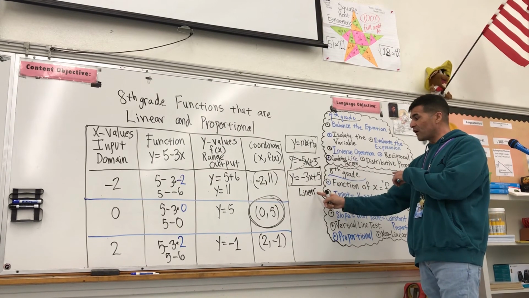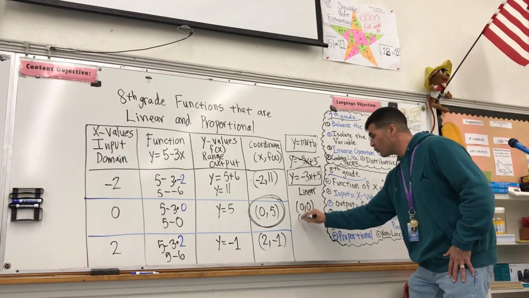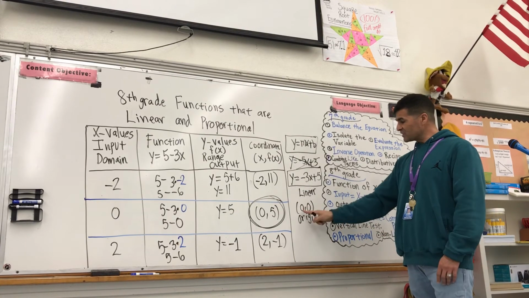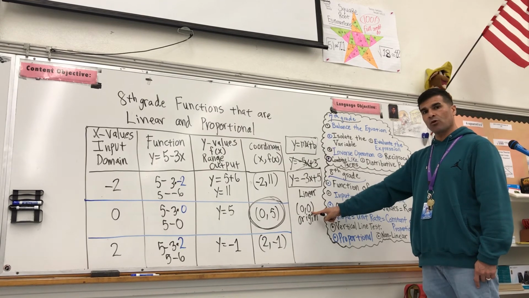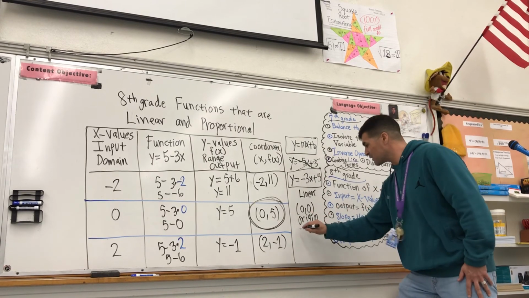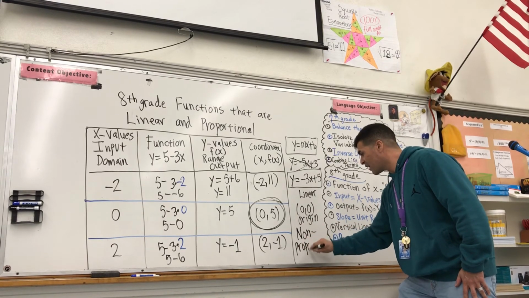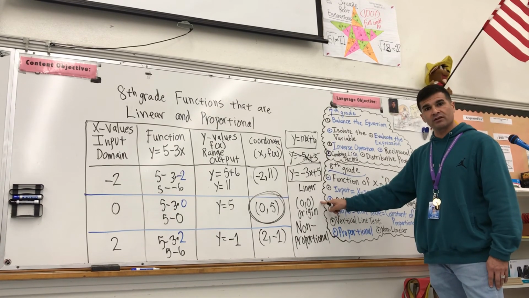Is this linear function passing through 0, 0, which is the origin? No, it's not. When x is 0, y is 5, and a proportional function is supposed to pass through the origin. That means this must be non-proportional, because it doesn't go through the origin.